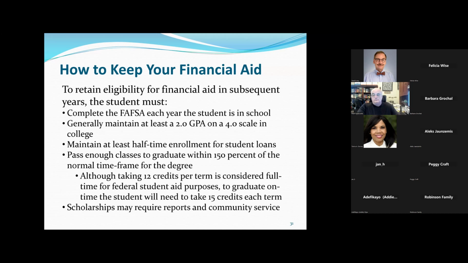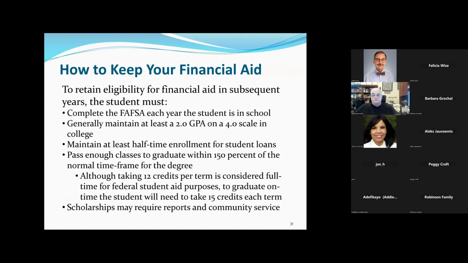Students must generally maintain at least a 2.0 grade point average on a 4.0 scale in college and be passing enough classes to graduate within 150% of the normal time frame for the degree. For example, a student in a bachelor's degree that normally requires 4 years of study is considered to be making satisfactory academic progress if the student's progress is consistent with completion of a bachelor's degree within 6 years.